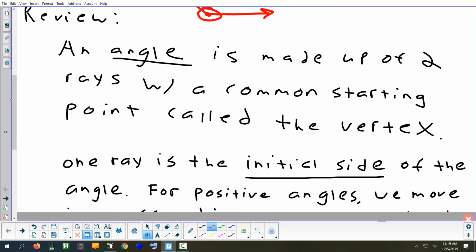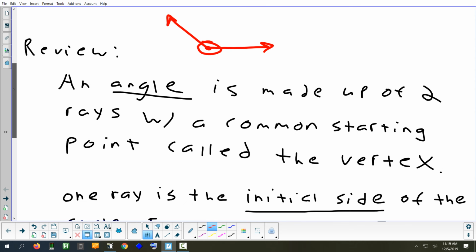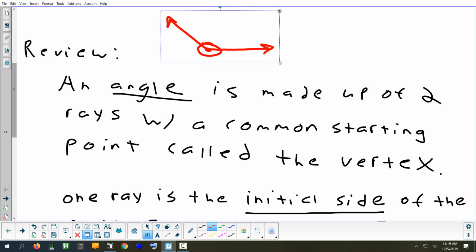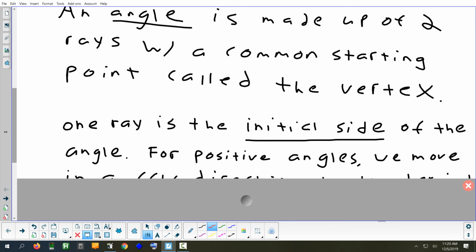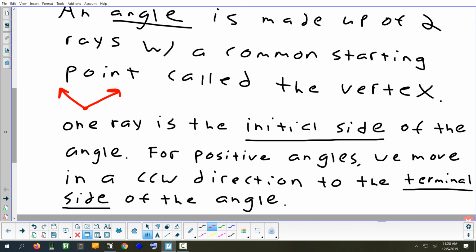Now, the angle has two rays. One side is called the initial, the other side is called the terminal. And how do you know which side is which? Well, let's draw an angle like that. If you rotate counterclockwise between the rays, the short way, where you end up is the terminal side.